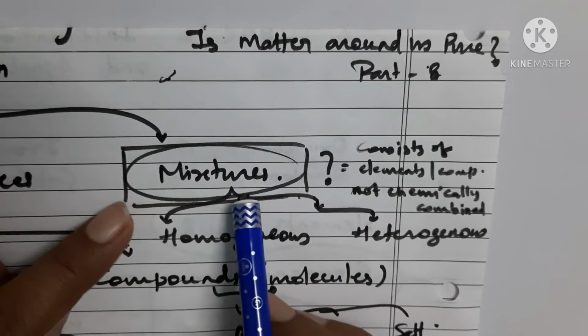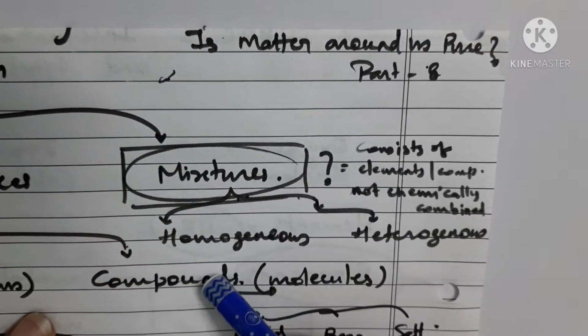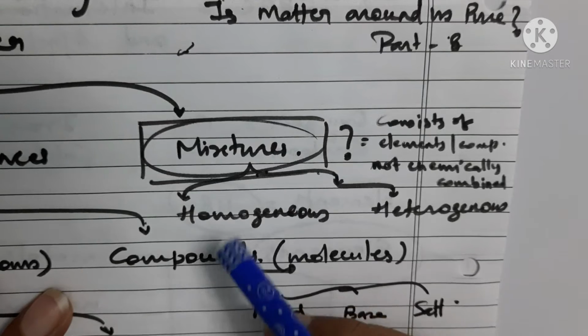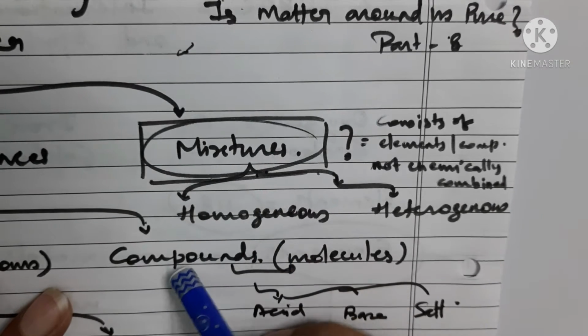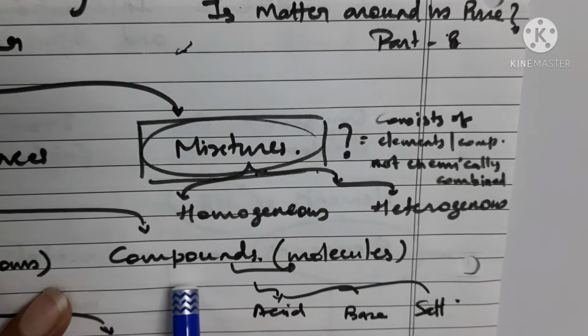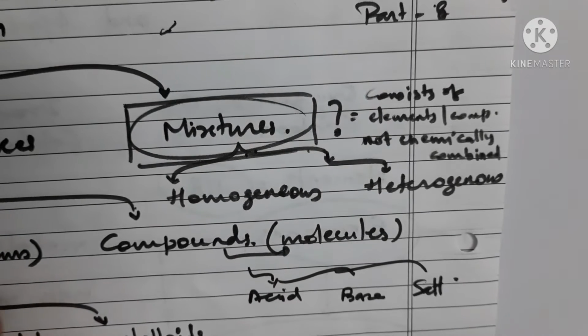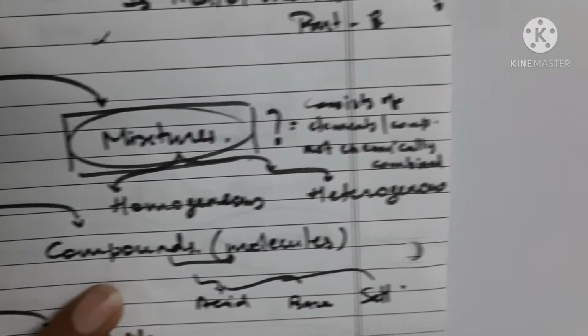Okay. In mixtures, we have understood how mixtures are made and what the basic difference between mixtures and compounds is. We should not get confused between compounds and mixtures, because in compounds, every constituent or every element or the atoms are combined together chemically, and they have fixed ratios.